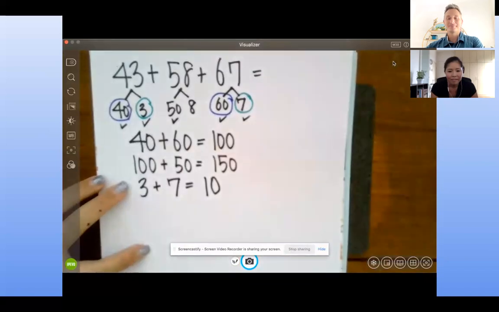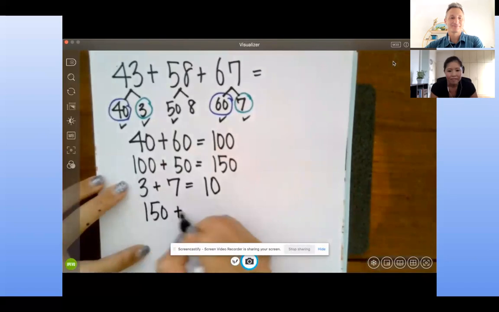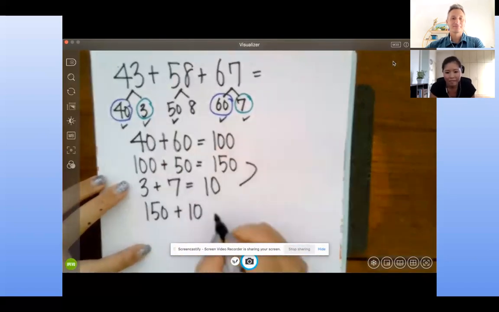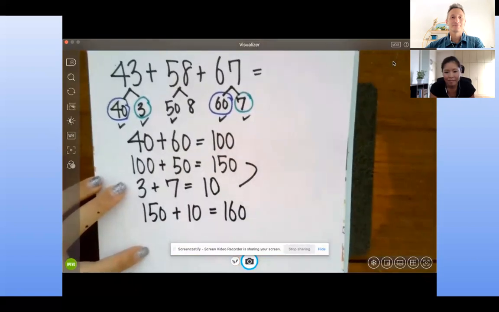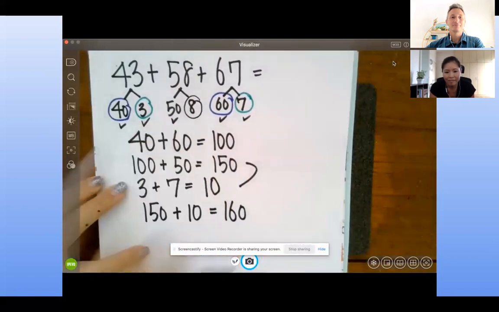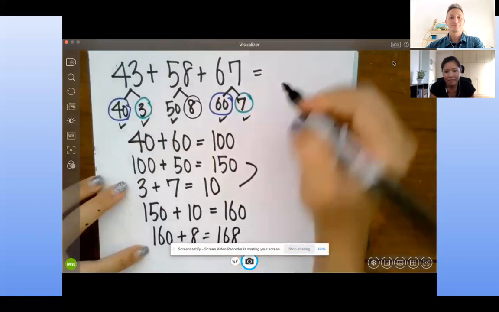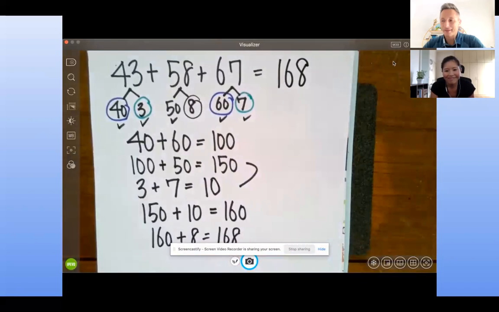And I'm going to next add 150 and 10, those two together, which makes 160. Finally, I'm going to add that leftover 8 there. I'm going to do 160 plus 8 equals 168. So the total is 168.